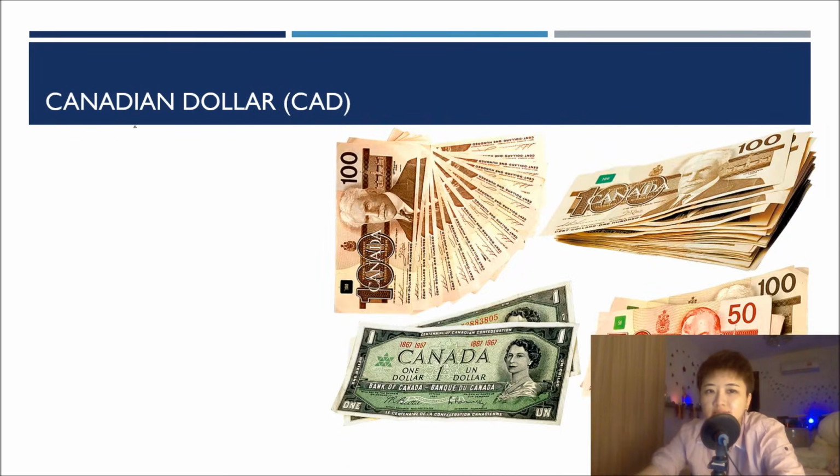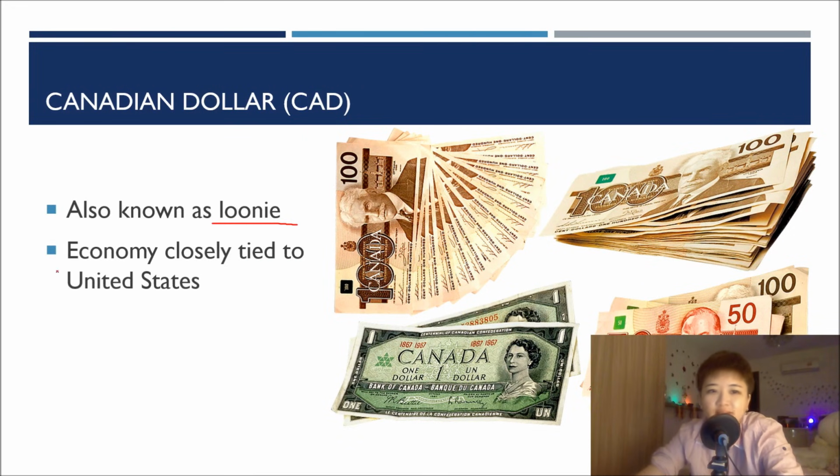And the next currency I want to talk to you about is CAD, Canadian dollar, also known as loonie. There's a story behind it, which I'm not going to elaborate. So the economy is closely tied to the US. In fact, the US absorbs most of its exports. And one of the things that Canada exports, which they're known for, is oil.